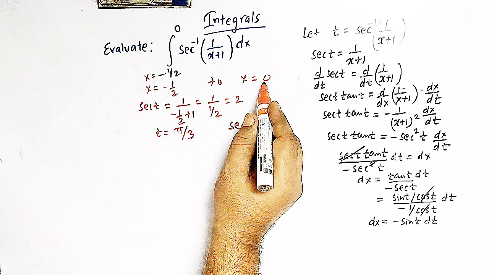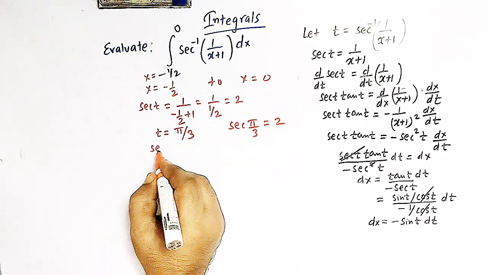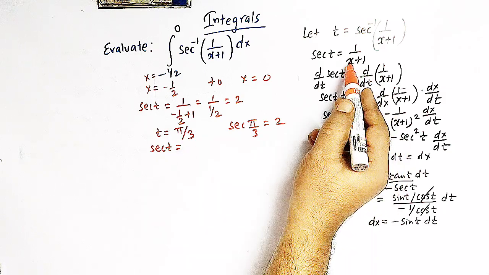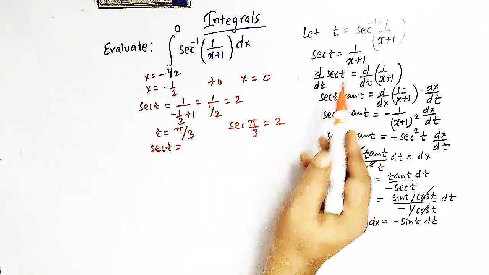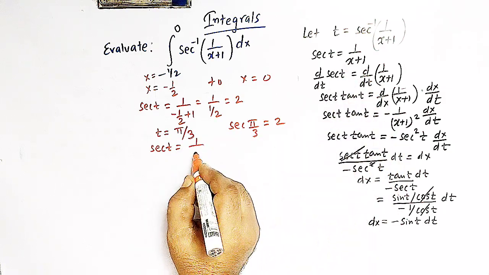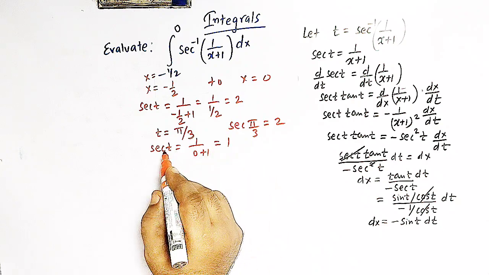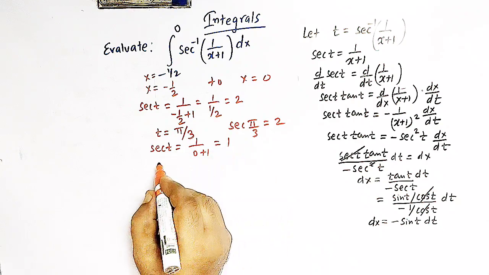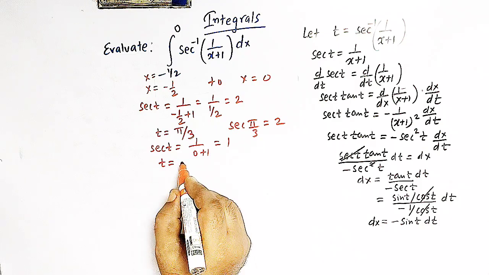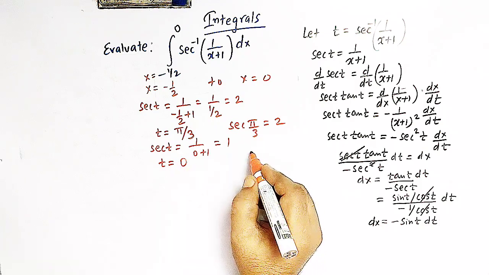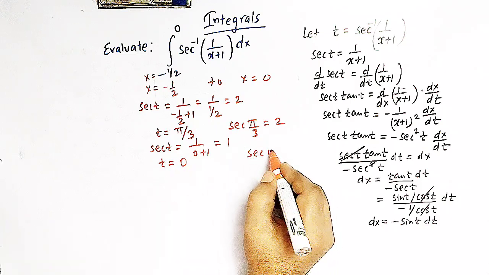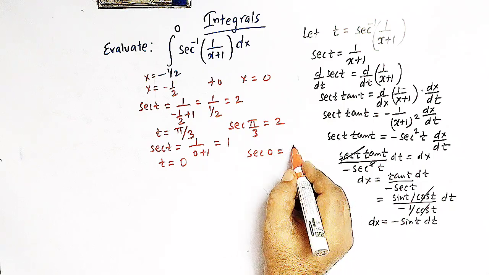Now when x is equal to 0, then secant t is equal to 1 over 0 plus 1, that is equal to 1. So secant t is equal to 1. So it implies that t is equal to 0 because secant 0 is equal to 1.